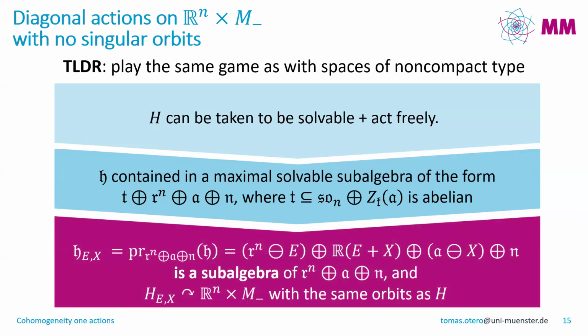You project the algebra onto this solvable model; in principle, the projection of H should only be a subspace, but you can actually prove that it is a subalgebra. And the action of the corresponding subgroup, which has to be of this form that I wrote before, has the same orbits as H, assuming the action does not decompose. Otherwise, you will get a product.